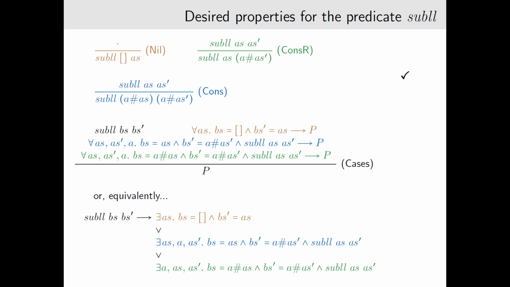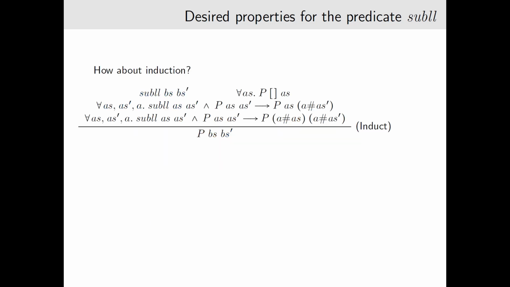And these are two alternative ways to express this. This is the more readable way. Like, if they are in a relation, there must have been a rule that was applied. And this is the elimination style that is suitable for proofs. You know that the sublist holds, and you want to prove some P. Okay, so the cases rule should also be there.